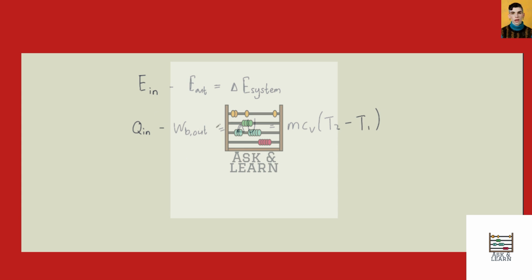Now, we need to calculate the values so we can use this equation. The volume will be constant until the pressure is 200 kilopascals. So T2 is equal to T1 times P2 over P1. So we can calculate this final temperature.